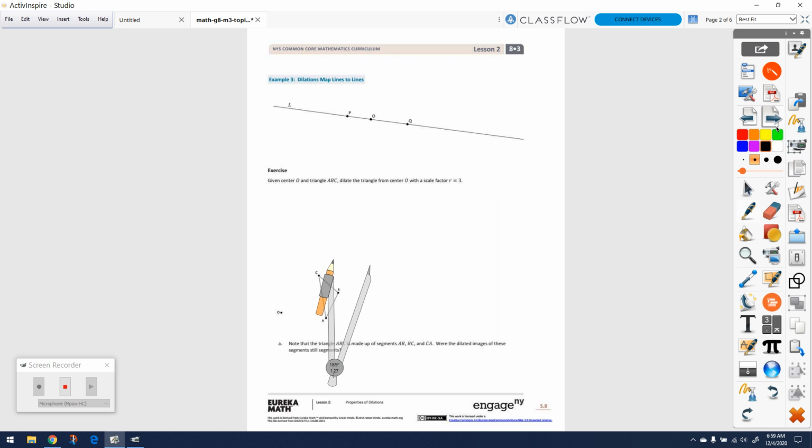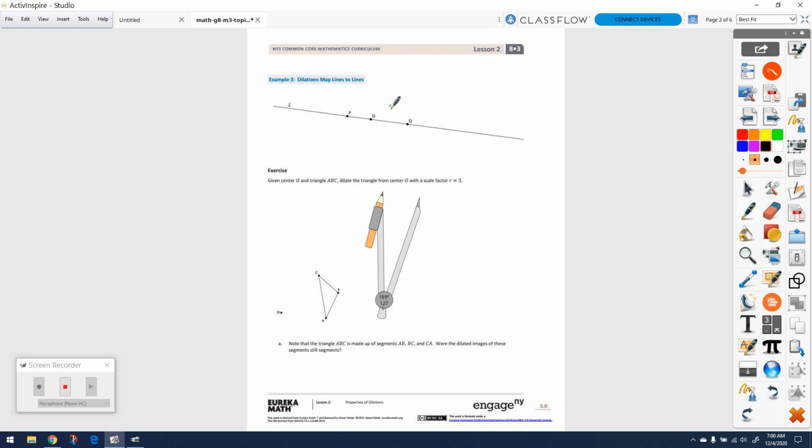On this next one, we are going to dilate this. We're going to go ahead and take this from point O. All right.